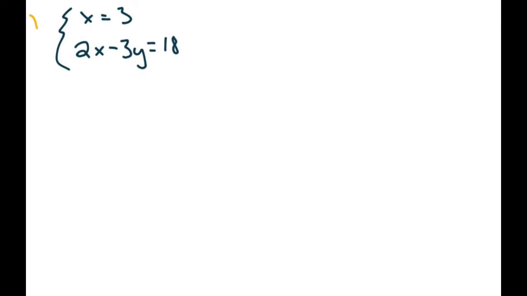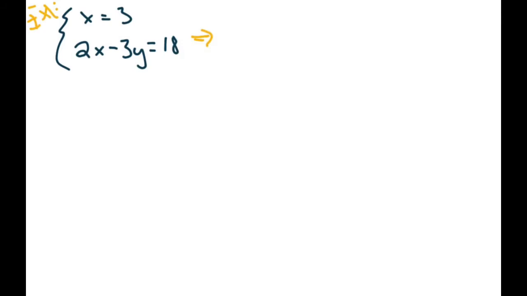So here's example number 1. What we're going to do here is, we have x equals 3, so every time we see an x, we're going to replace it with a 3, but we're going to do that in the other equation. I'm going to use the other equation, since that one doesn't have something by itself, and we're going to substitute 3 in for x.